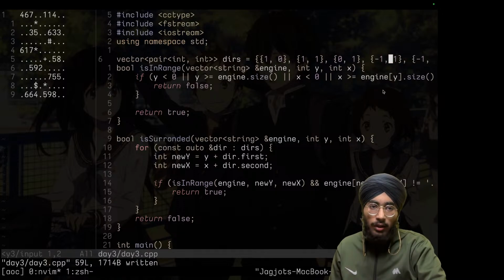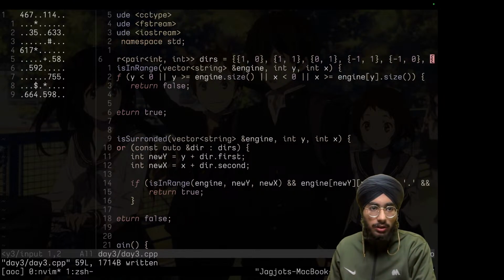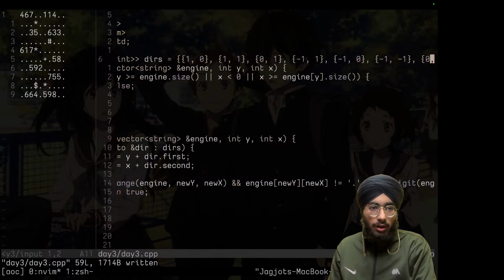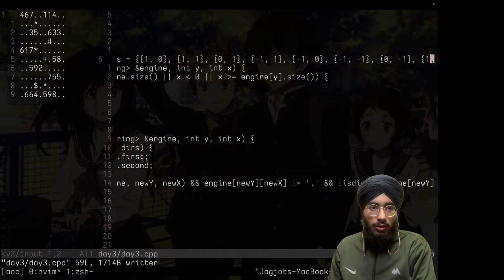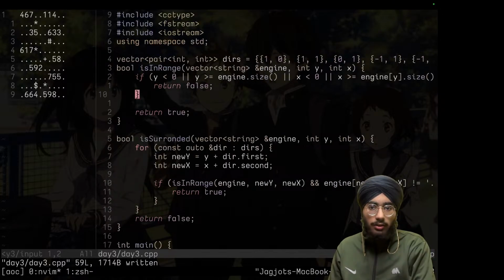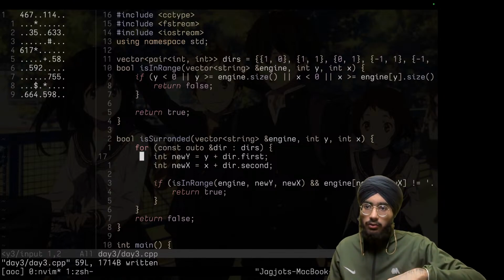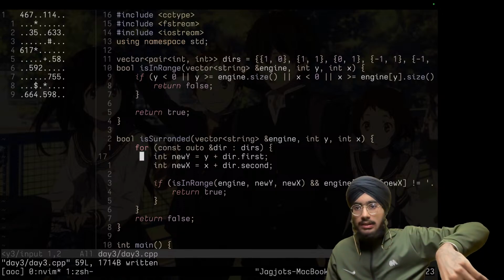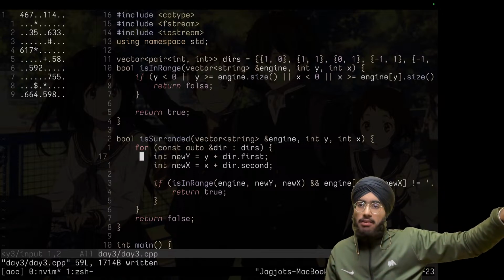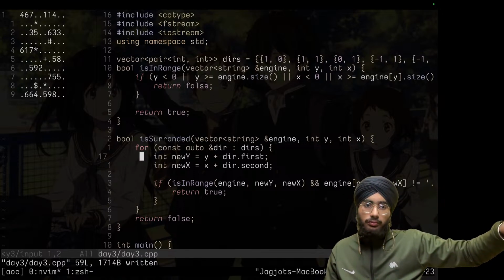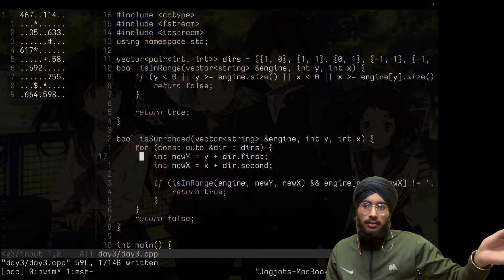Minus 1, 1. Why? Minus 1 is not in range. Minus 1, not in range. Minus 1, not in range. Not in range, not in range. Okay, so it's going to return false. And then if it goes to the 6, then 1, 0, false. This is also false. Minus 1.